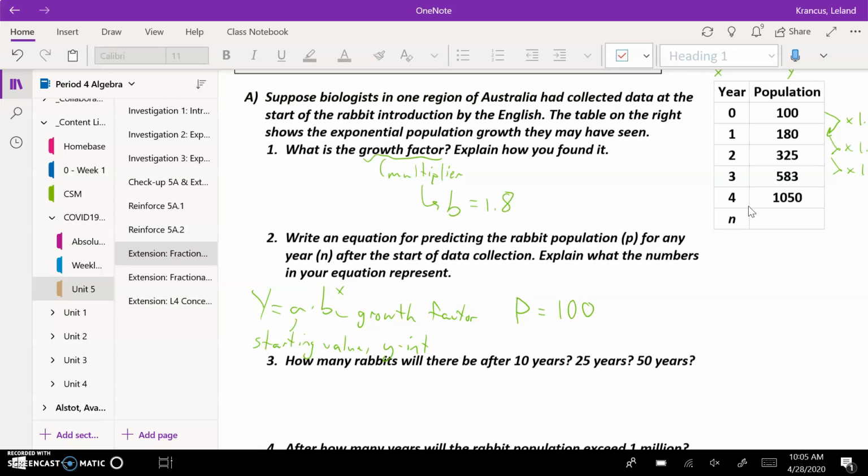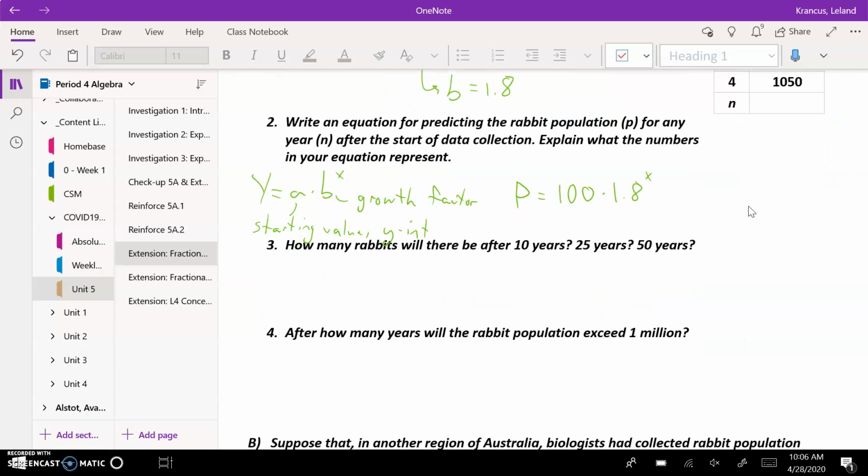100 because it starts at 100. And then every year, that population is multiplied by 1.8 to get the new population for the year. So you're doing 100 times 1.8, and then that number times 1.8, and then that new number times 1.8 to get the new population each time.